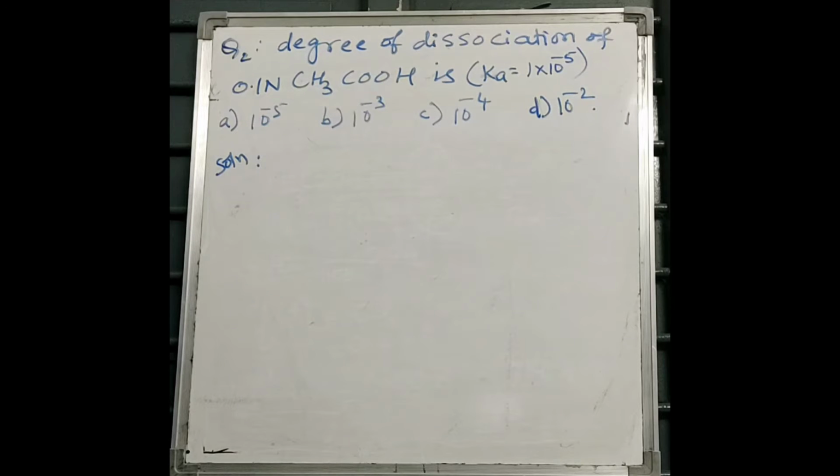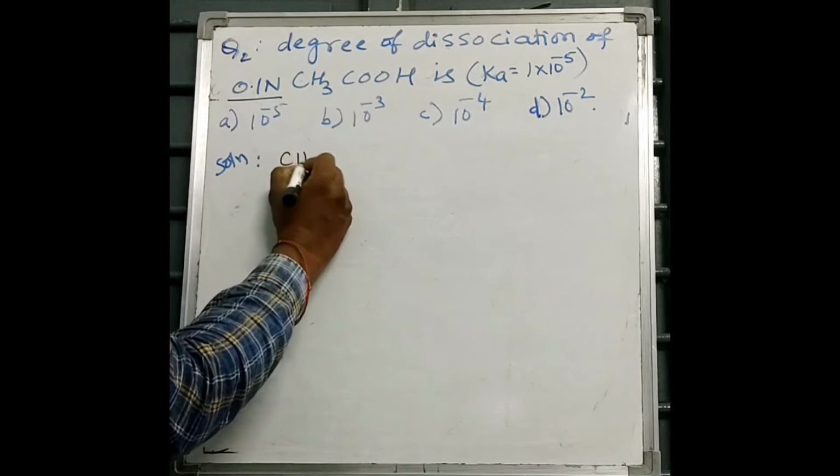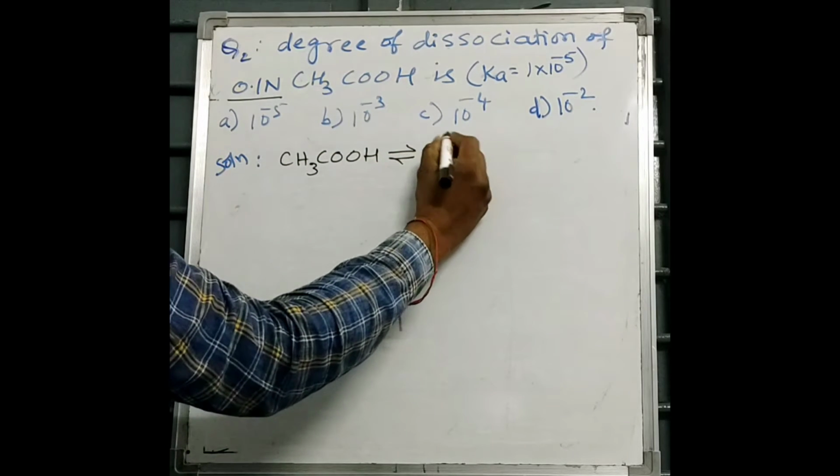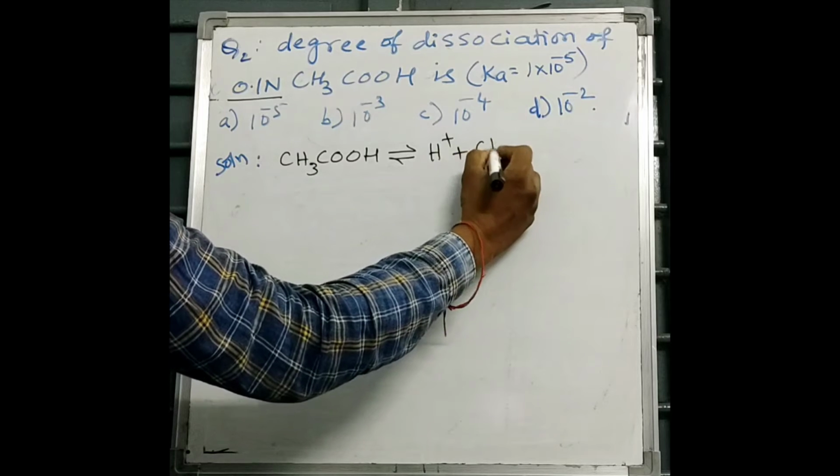What is the degree of dissociation alpha of 0.1 N acetic acid, whose Ka value is given? So how do we do this problem? He is asking the alpha value for 0.1 N acetic acid. We know acetic acid is a weak acid which ionizes as H+ ion and acetate ion.